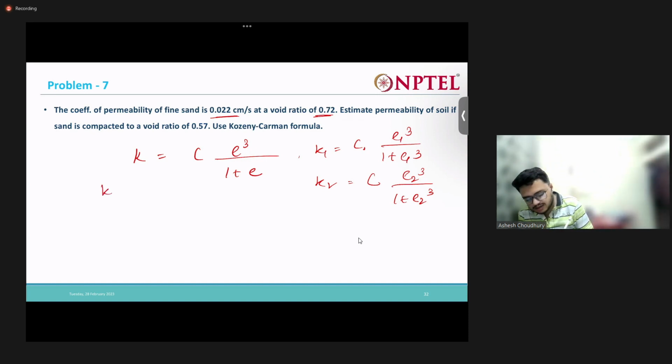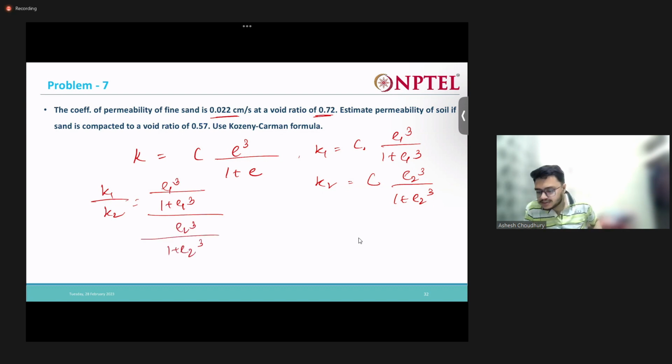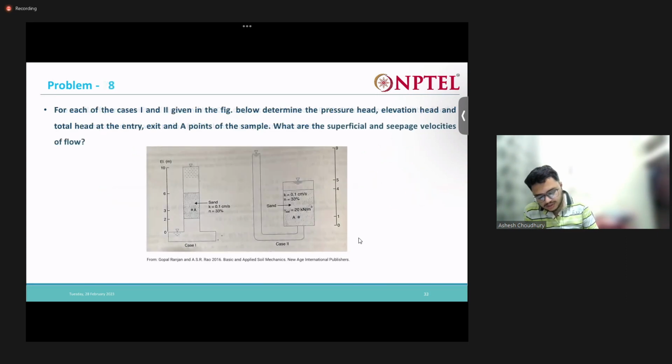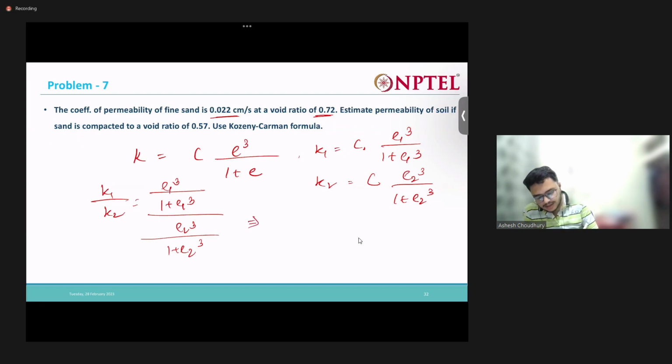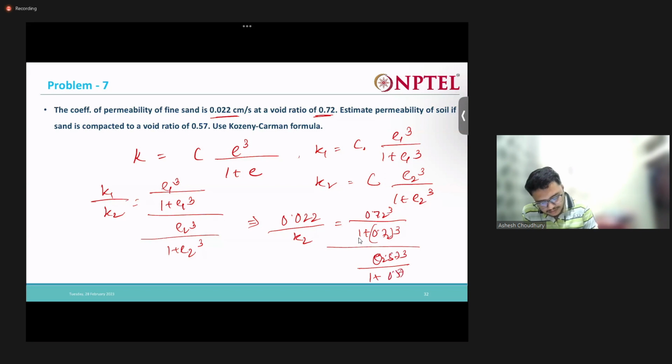So now if you want to write k1 by k2, C will get cancelled out, right? So we will get e1 cube by 1 plus e1, divided by e2 cube by 1 plus e2, correct? Now if you put all the values, say k1 you are taking as 0.022 and k2 you need to find out, and e1 you know 0.72, so 0.72 cube by 1 plus 0.72, and e2 you also know, 0.57 cube by 1 plus 0.57.